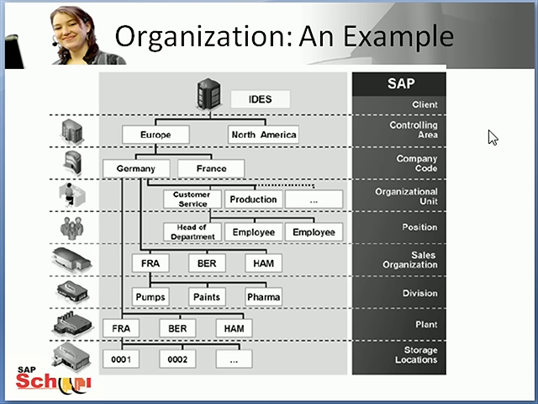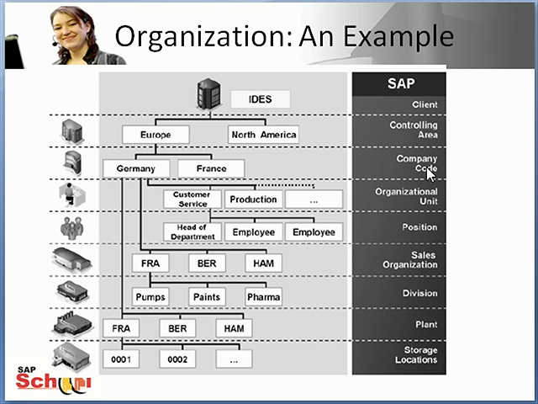So here is an example of how the SAP's organizational elements are set up to map on to a real company. At the top of the hierarchy, you have the client. The client is the highest level element of all the organizational elements. It represents the enterprise, the headquarters, or the main group holding company. Below this is the company code.